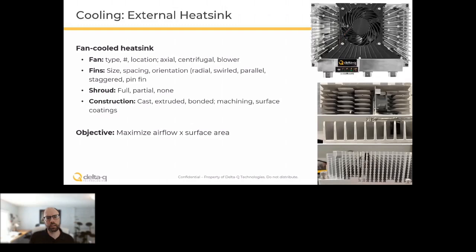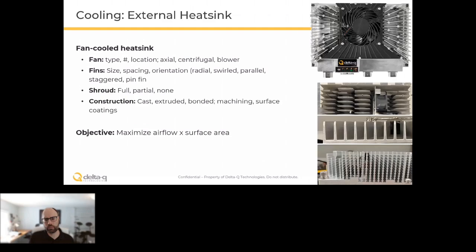And then how is it constructed? Most of what you're seeing there is aluminum casting. That's certainly the most common, but you can also use an extrusion, like you see in the bottom. That has some trade-offs. You're going to need a lot of post machining, and the fins can only be parallel.